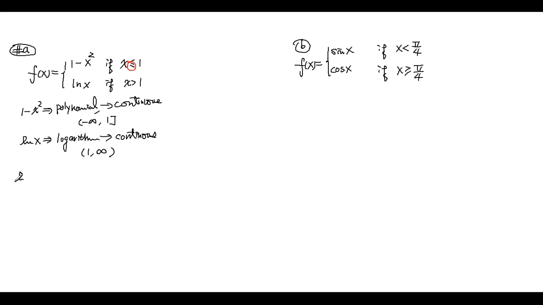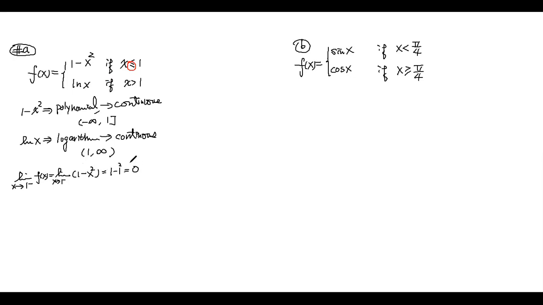So let's say here, remember the guiding principles, right? The limit has to exist. Okay, so the limit as x approaches 1 from the left-hand side of f of x will be equal to the limit as x approaches 1 from the left-hand side of 1 minus x squared. So it's 1 minus 1 squared.